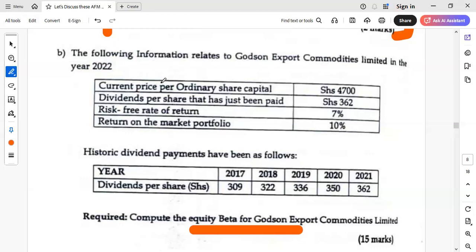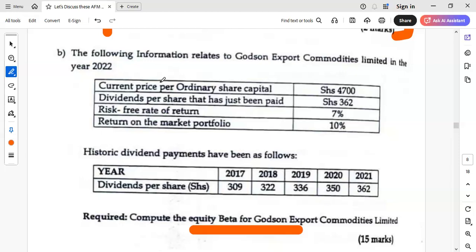per ordinary share capital. Colleagues, when you are dealing with the cost of capital, with the CAPM, and you start looking at issues related to the current price and dividends, we don't use dividend in the CAPM formula.